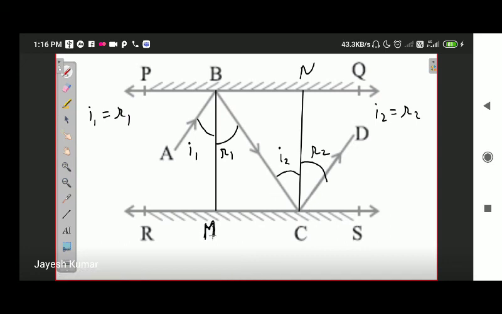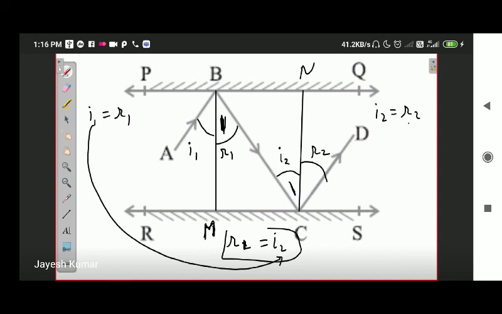Okay. Now let's see. We have proved that R1 and I2 are equal. We just proved that this angle of reflection at point P and this angle of incidence at point C are both equal. That means I1 should also be equal to I2, and R1 should also be equal to R2.